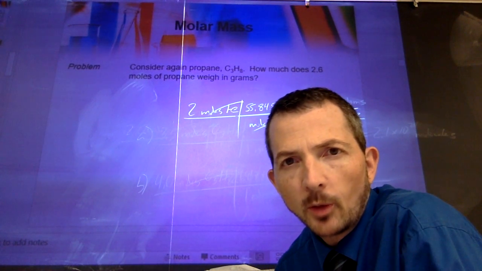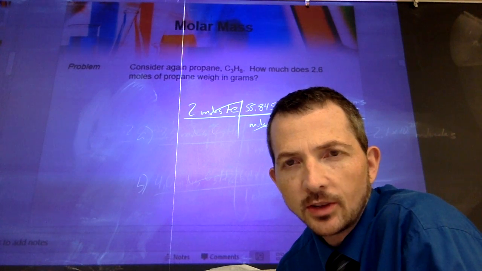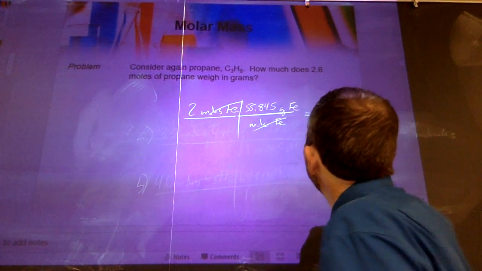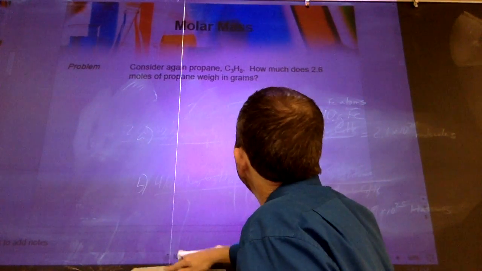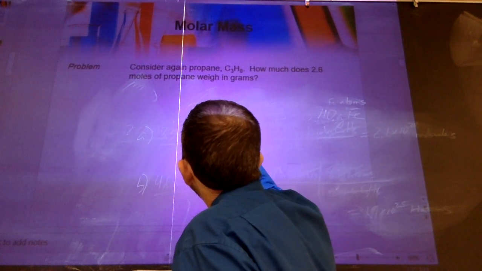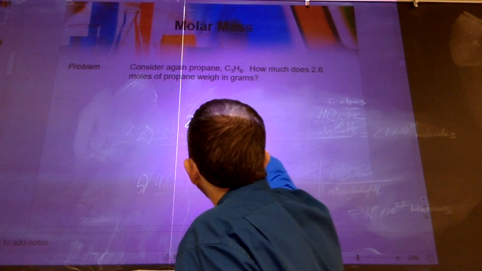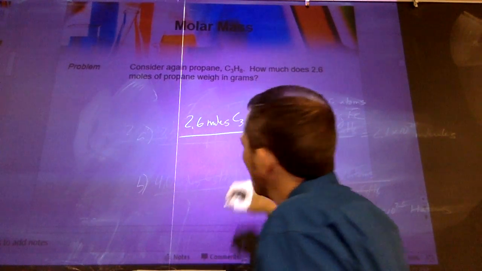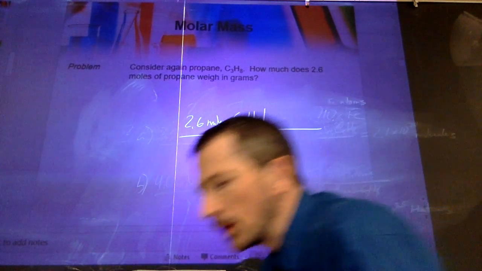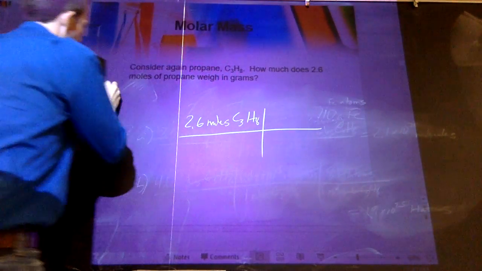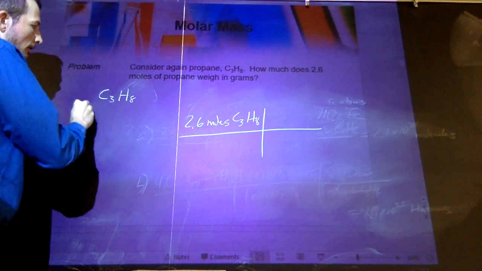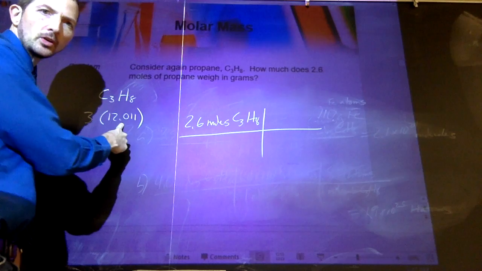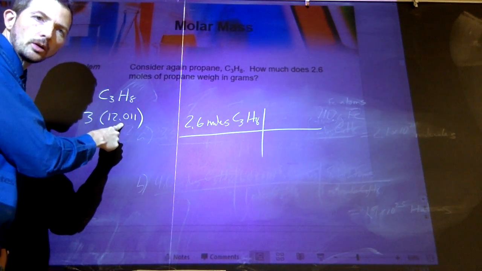So consider again propane, C3H8. How much does 2.6 moles of propane weigh in grams? Okay, I need the molar mass of propane. I'll look up the atomic mass of carbon in the periodic table.